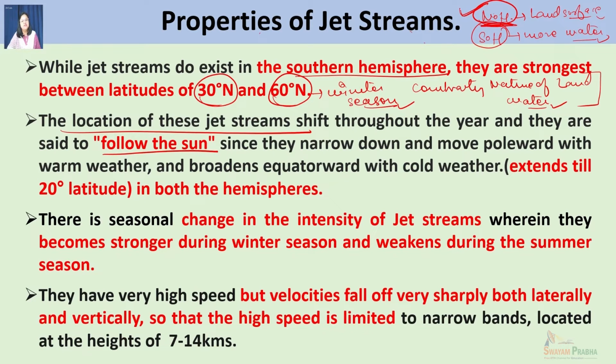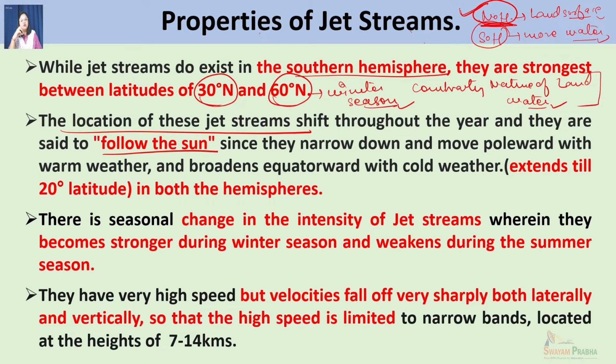So if you have winters in the northern hemisphere, the jet streams will be more extensively developed in the northern hemisphere. And if you have winters in the southern hemisphere, they will be more extensively developed in the southern hemisphere. Besides this, if you have summers in the northern hemisphere, then more land area is heated.